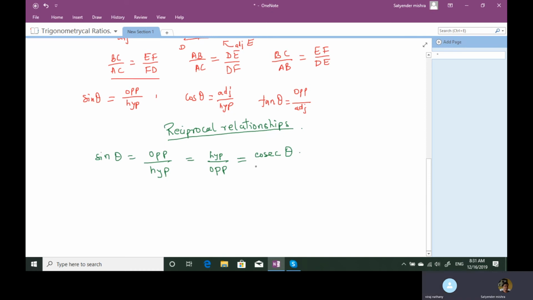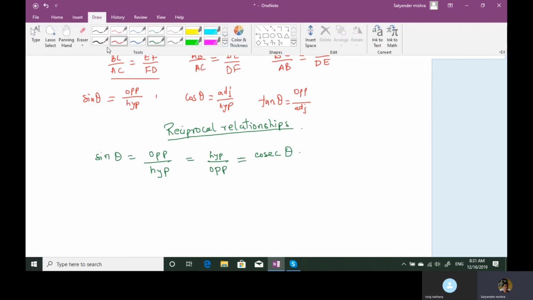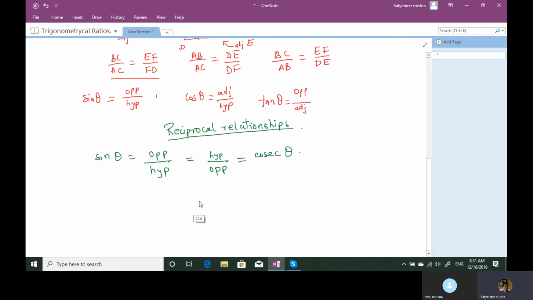Understood? So let me do it another way. Sin theta we know is equal to opposite by hypotenuse. So what is 1 by sin theta? 1 by sin theta will be 1 by opposite by hypotenuse, right?